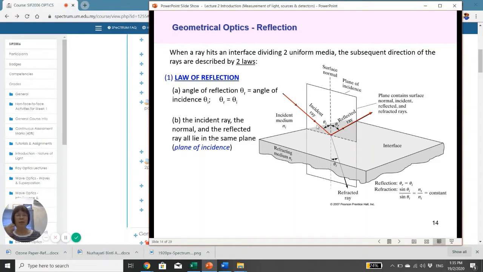Another requirement of this law is that the incident ray, the reflected ray, as well as the normal to the surface all lie along the same plane, which is this plane here. This plane is called the plane of incidence. So that's another requirement for this law.